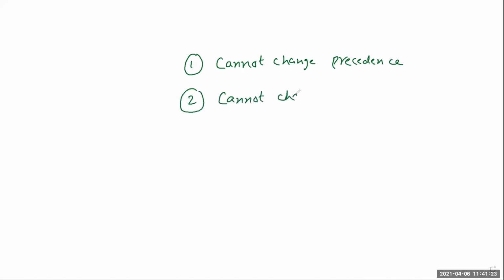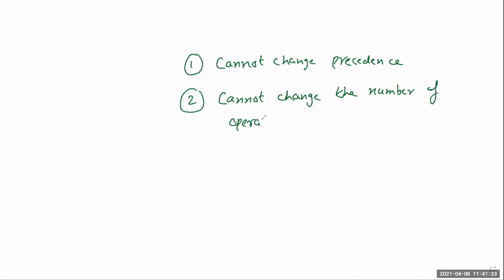So the two properties we have seen, what are those? The first property was you cannot change the precedence of the operators, meaning what is evaluated first, multiplication, addition, and so on. And the second thing related to this is you cannot change the number of operands.